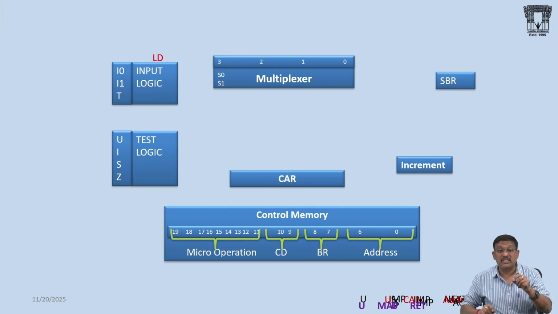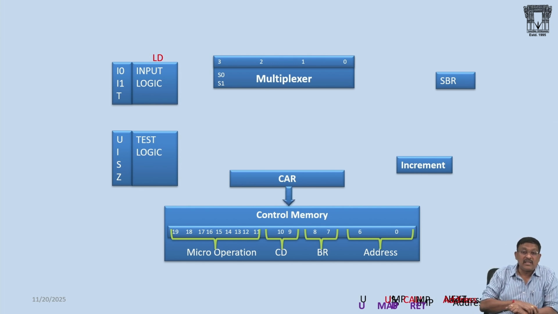That control address register is loaded with the address of the control memory location. Got my point? Now I am accessing the control memory using the control address register. What happens? One micro instruction is fetched from the control memory.